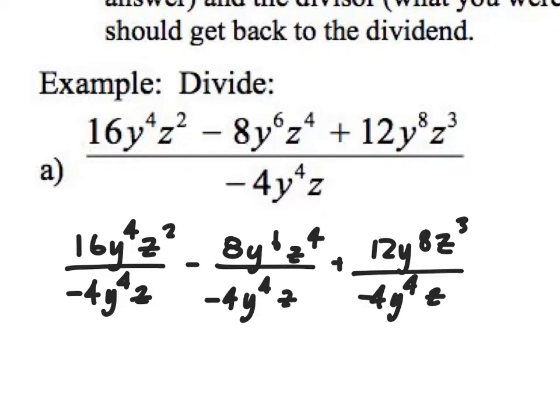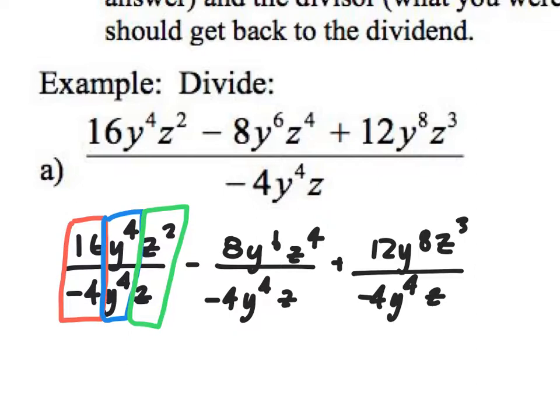Now I'm going to simplify this, and I want to look at my numbers first, and then divide everything else out. So I'm going to look at my numbers, then I have y values that I need to divide out, and then z values that I need to divide out.